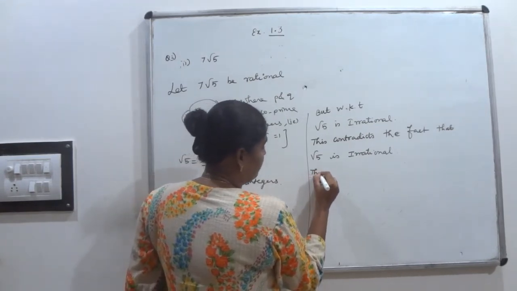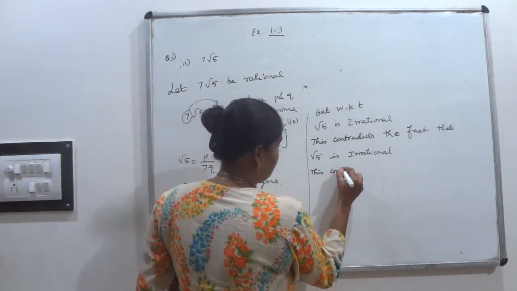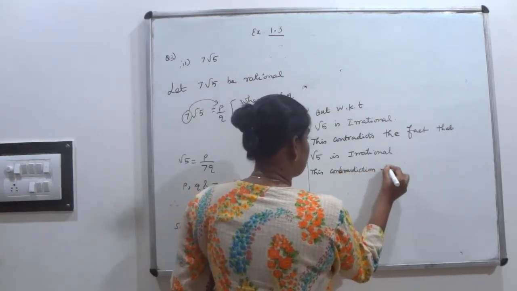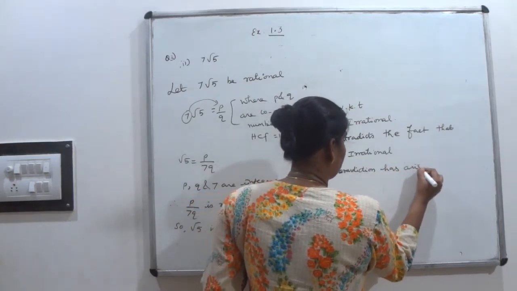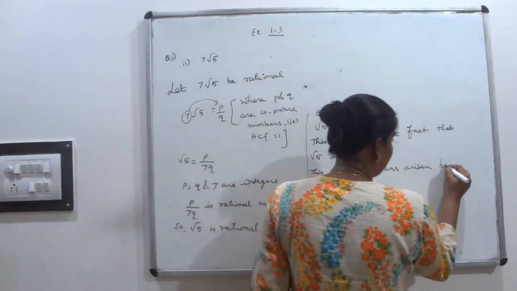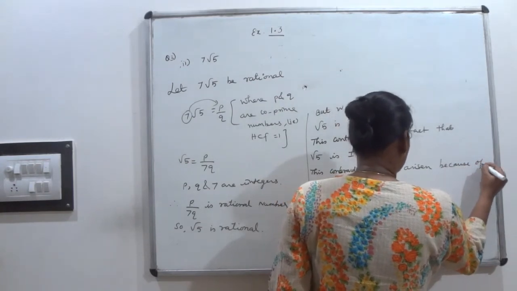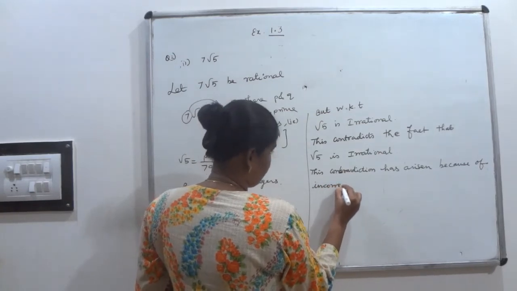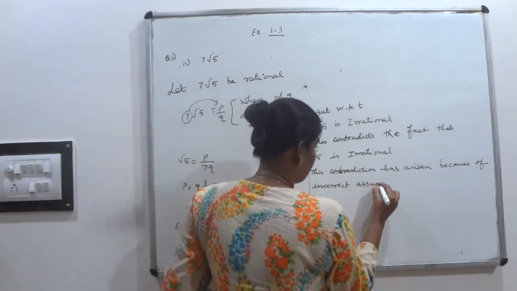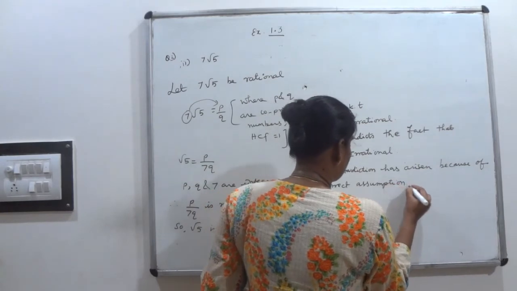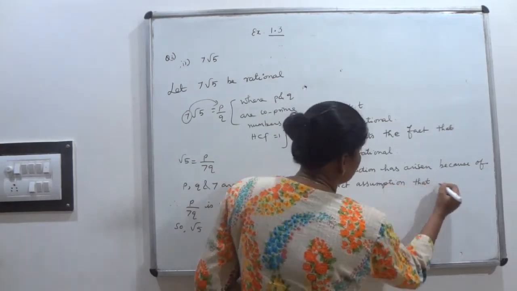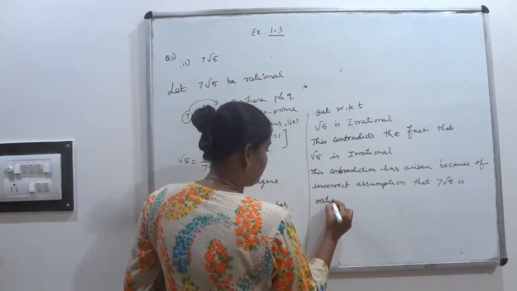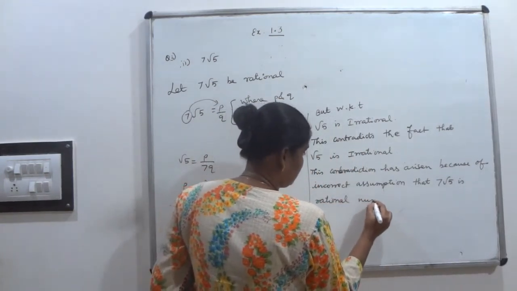So this contradiction has arisen because of the incorrect assumption that 7 root 5 is a rational number.